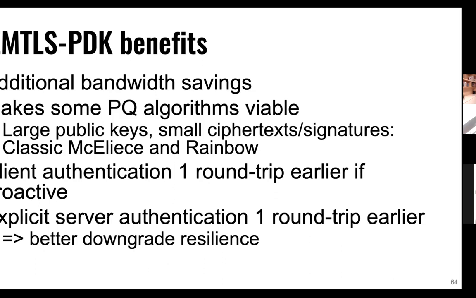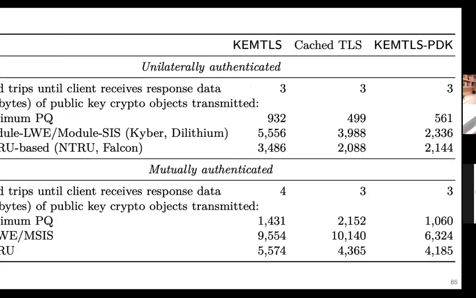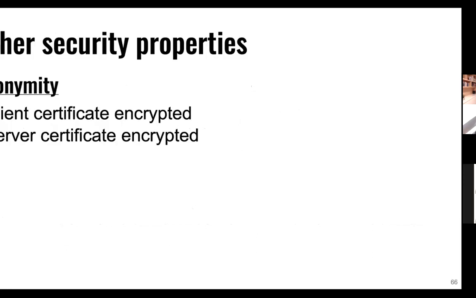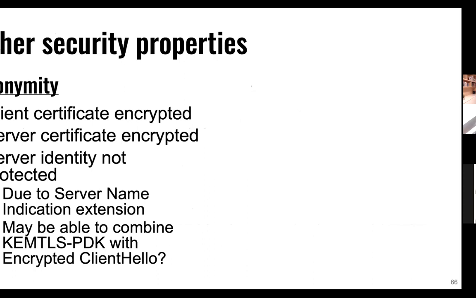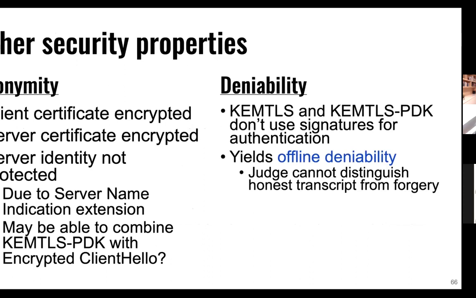Because I'm running late on time, I don't think I'll go into the numerical details of this, but we've got a table in our paper that talks about some of this, and there's a nice follow-up paper by Sofía and Tom and others that does some experimental investigation of this. There are also some nice security properties: some anonymity properties that are nice in this setting, as well as some deniability properties, because we're not using signatures for authentication.